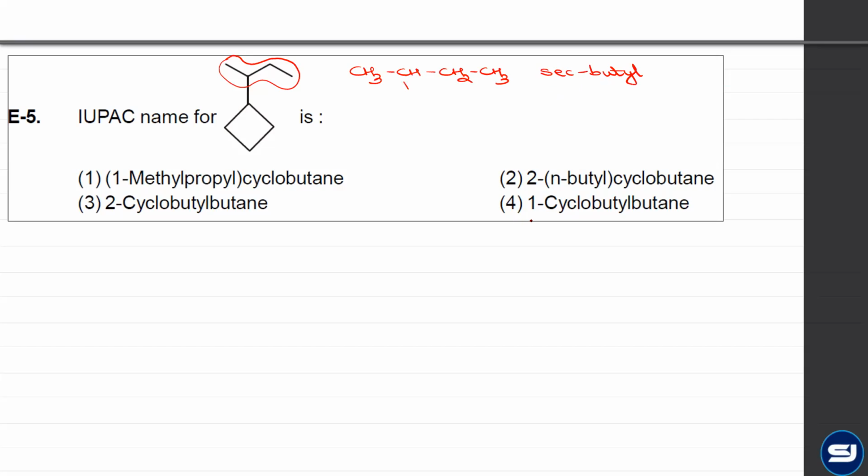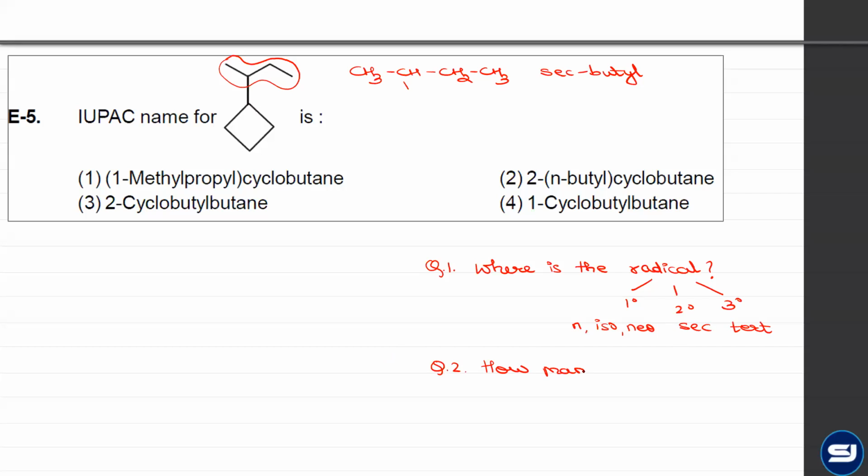To name or identify an alkyl group, I told you to ask yourself questions. The first question to be asked is: where is the radical located? The answer can be primary, secondary or tertiary. If you get primary, then further ask whether it is straight chain, or iso, or neo. If secondary, put sec; if tertiary, put tert. The second question: how many carbon atoms are there?